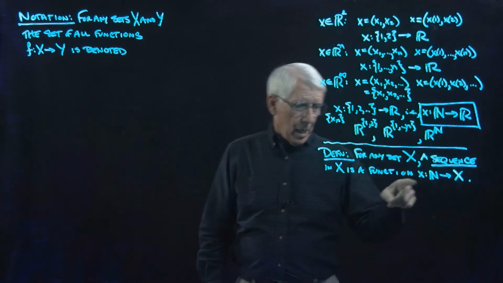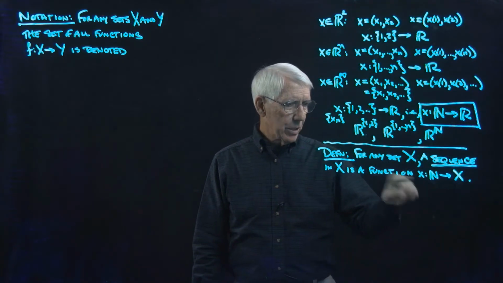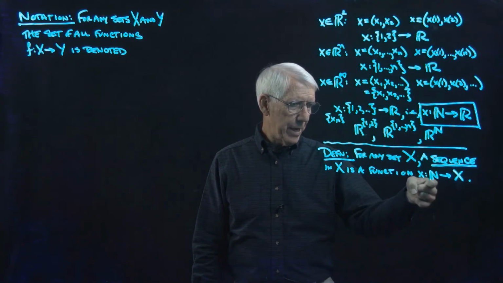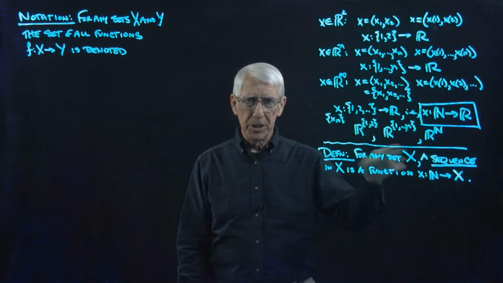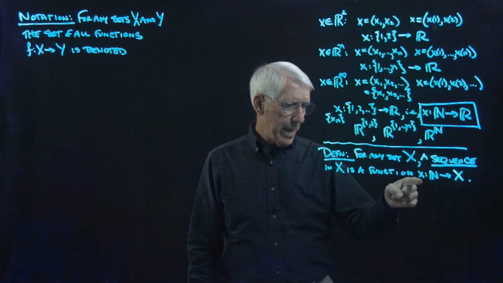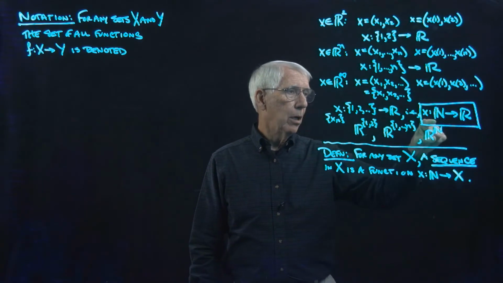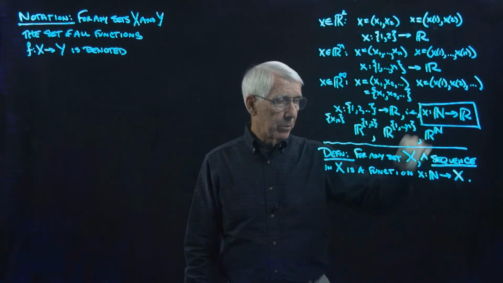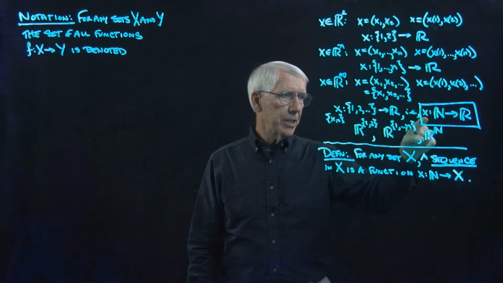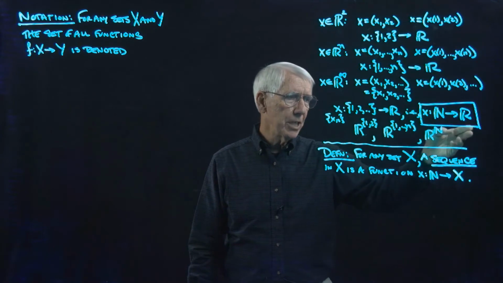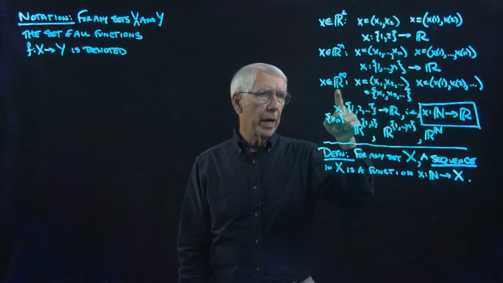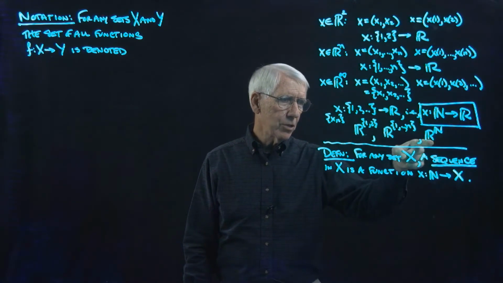Here, a sequence is a function from the natural numbers into the set where the terms of the sequence live. So for example, for sequences of real numbers, every one of the sequences is a function from here to here. So the set of all of the sequences, we write it this way, or we could write it this way.